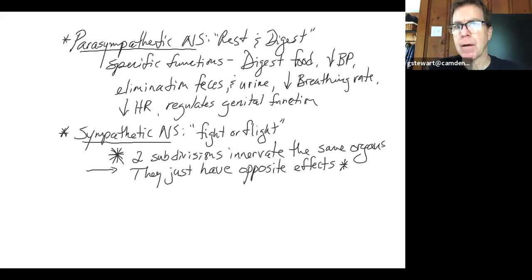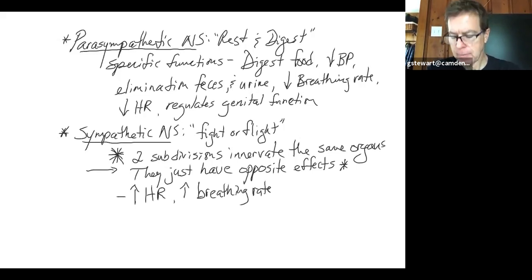So now we can make our list. The sympathetic nervous system increases heart rate. That's an opposite effect. It also increases breathing rate. It dilates pupils, and I just didn't write that up above.